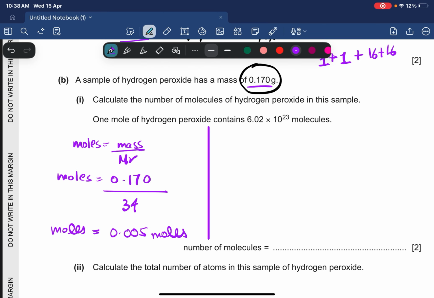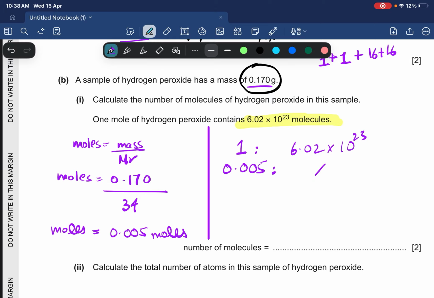Now, what do we have to do? We have to figure out the number of molecules. How do we figure out the number of molecules? Think about it. 1 mole contains 6.02 times 10 to the power 23 molecules. So 0.005 moles are going to contain X number of molecules.